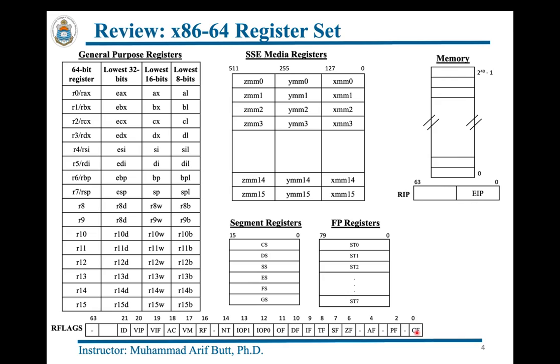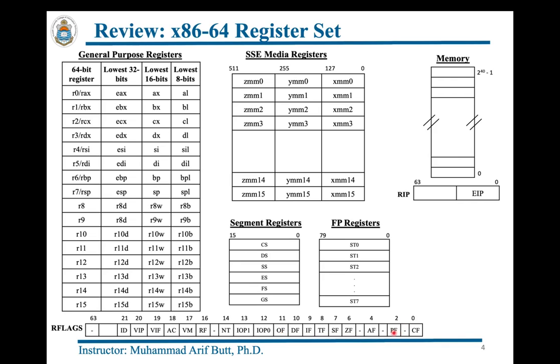This carry flag holds the carry out after addition or the borrow in after subtraction and is used to identify an unsigned overflow. And a related flag is the overflow flag, which holds the exclusive OR of the carry in and carry out of the most significant bit of the result. And this overflow flag is used to identify a signed overflow. So carry flag for unsigned overflow and overflow flag for signed overflow.